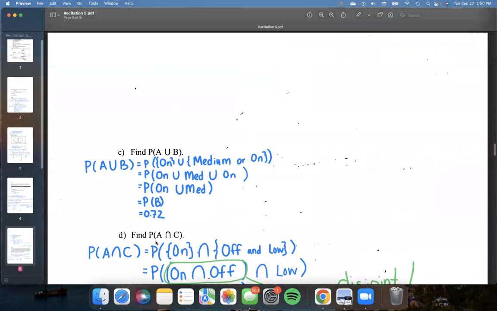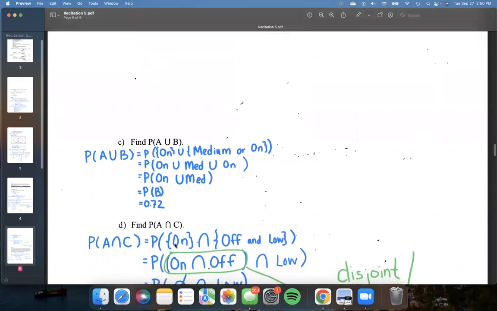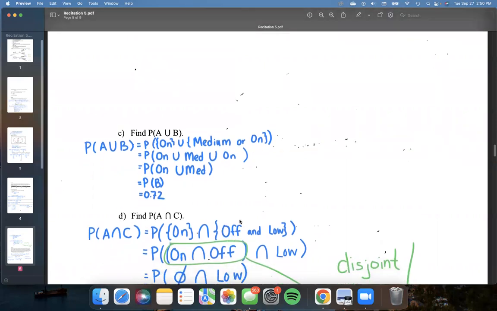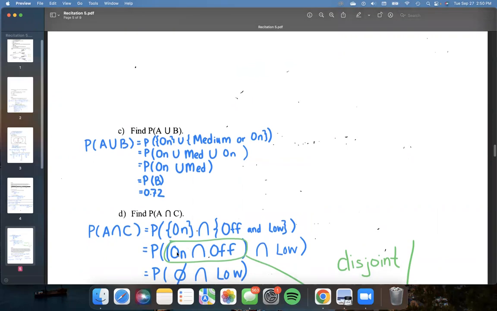Okay, and then to find the probability of A intersect C would be the probability of on intersect off and low. So here, I can look at this intersection first, and then and is an intersection as well. But notice that something cannot be on and off at the same time.